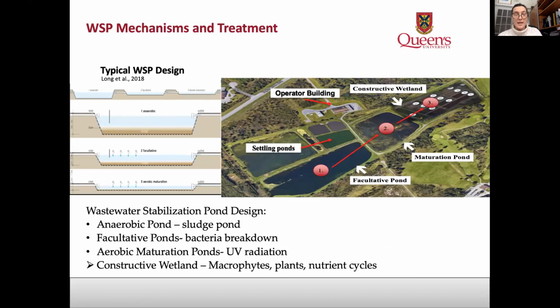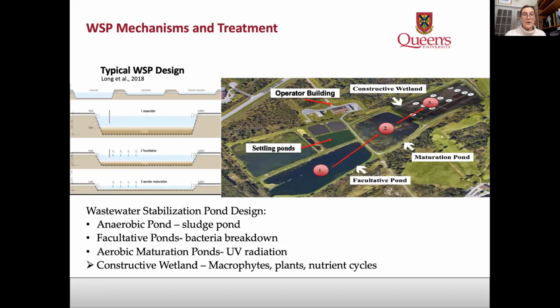And so in Canada, there are things called wastewater stabilization ponds, which are prevalent specifically in smaller scale communities because they're economically feasible and also operationally feasible. They're used for smaller scale communities because they use natural wastewater breakdown processes in the environment to break down municipal wastewater.